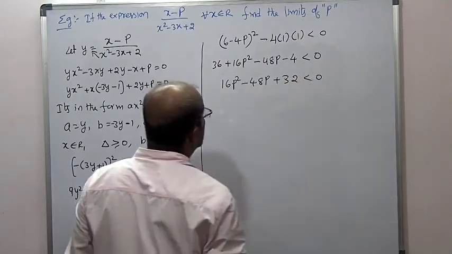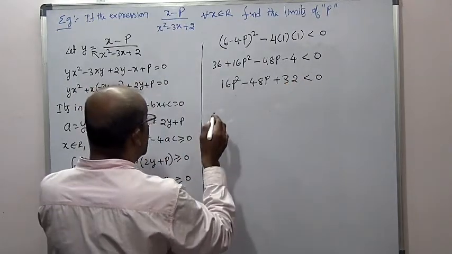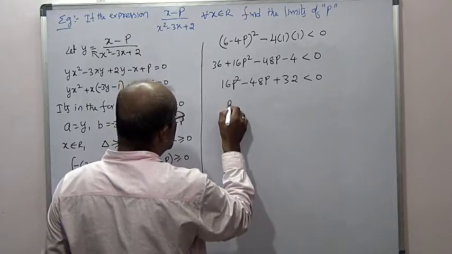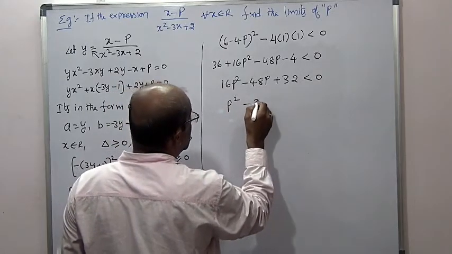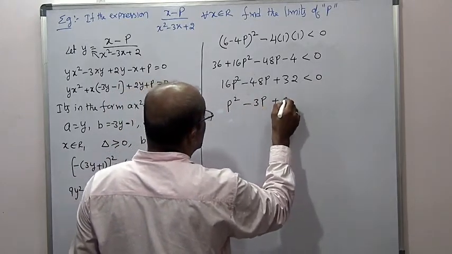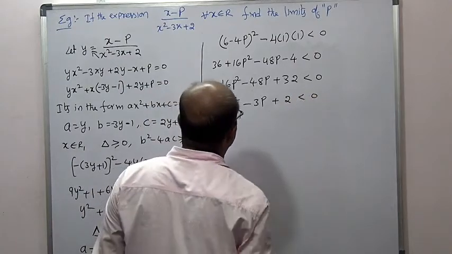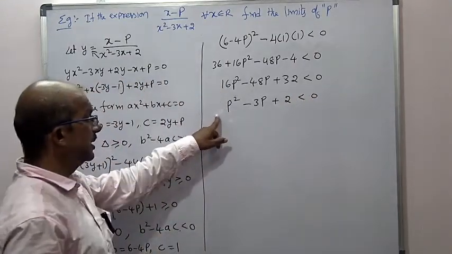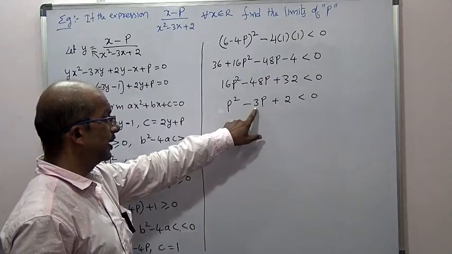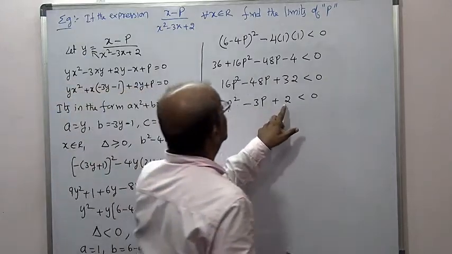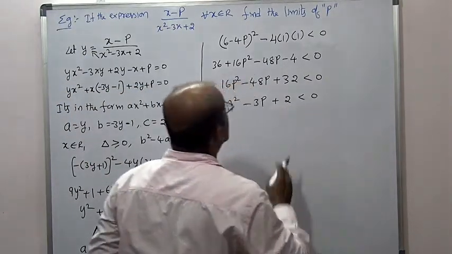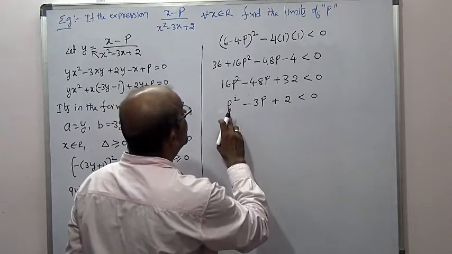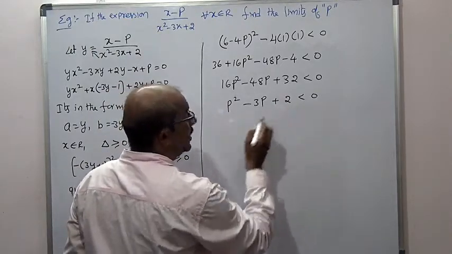less than 0. Now, take 16 common, p square minus 3p plus 2 less than 0. So 16 ones are 16, 16 threes are 48, 16 twos are 32, less than 0. Now it is also a quadratic form.